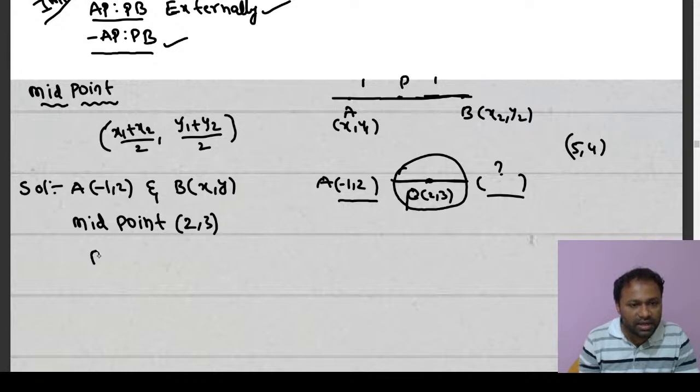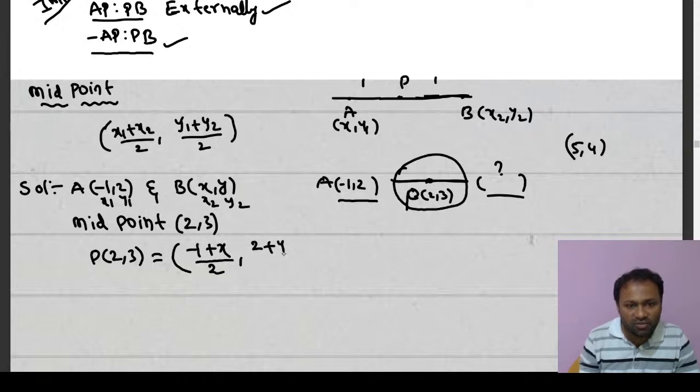So midpoint P of 2 comma 3 is equal to, this is x1 and this is y1, this is x2 and this is y2, so we apply x1 plus x2 upon 2, and 2 plus y by 2.